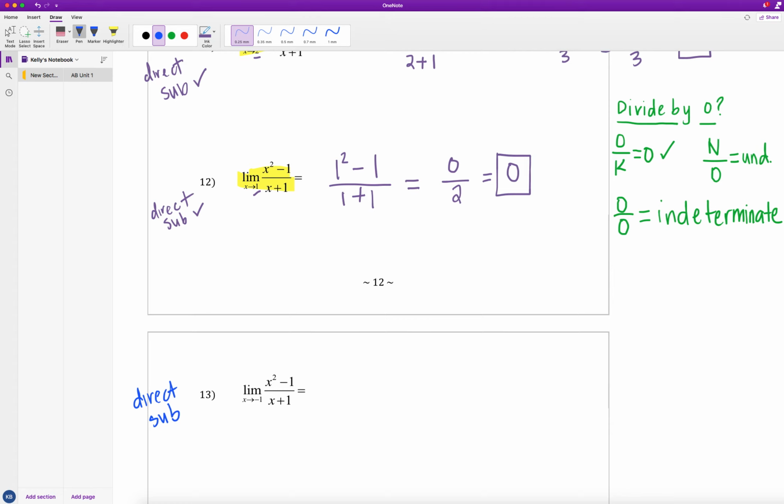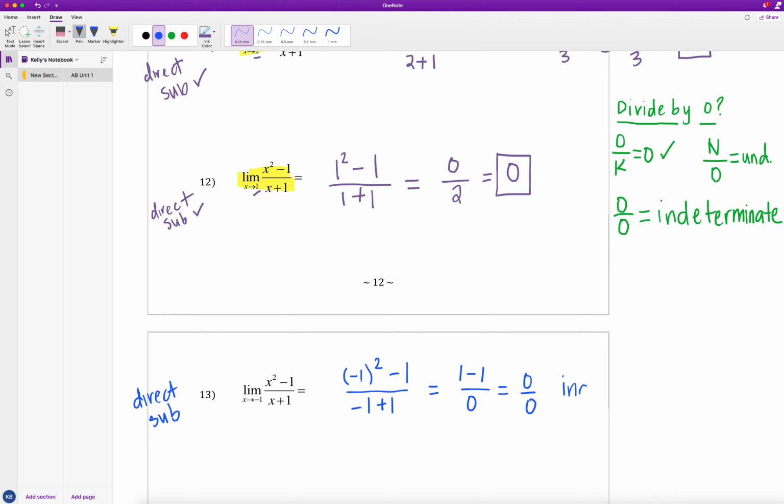So if we directly substitute in, we get -1 squared minus 1 over -1 plus 1. Again, I wouldn't have the limit since I've already taken it by doing the direct substitution. Now when I simplify this, in the numerator, -1 squared gives me +1, so I get 1 minus 1 over 0, since -1 plus 1 will give me 0, and I end up with the 0 over 0 issue.